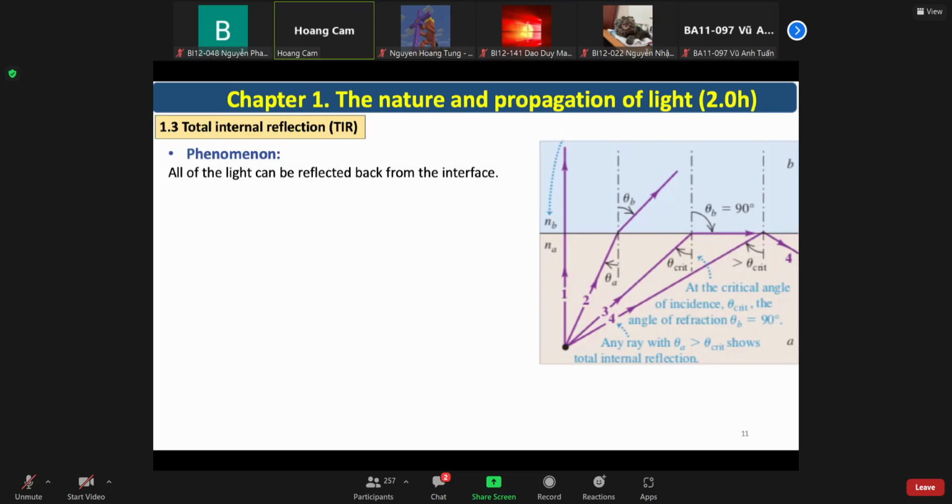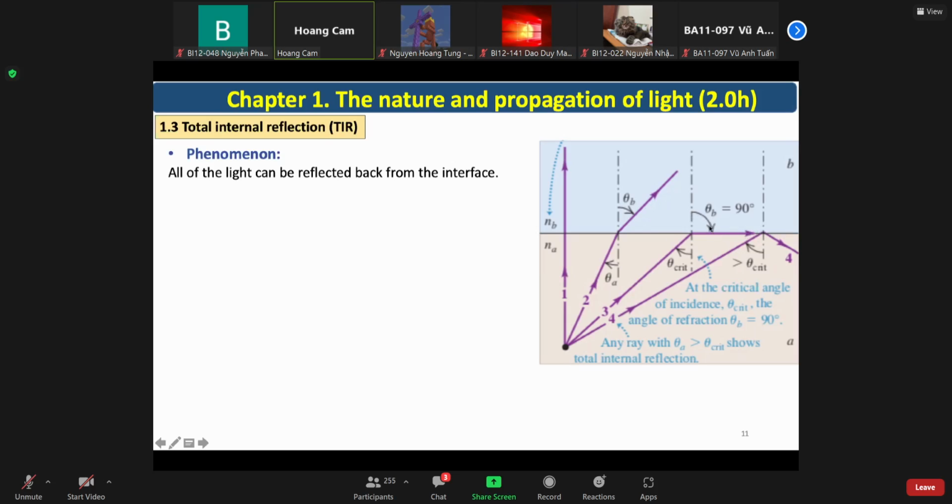In this case, if we observe the refracted ray, we see that it goes along the same line as the surface, right?